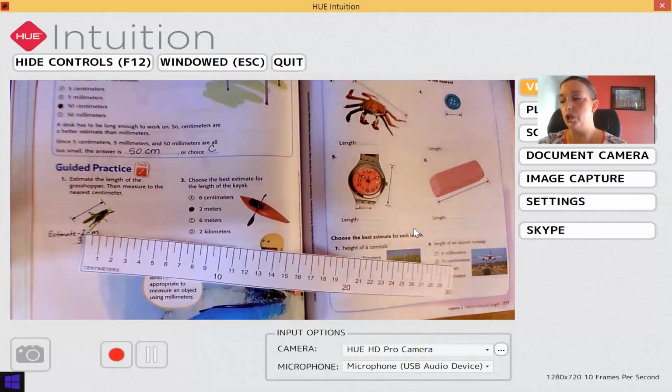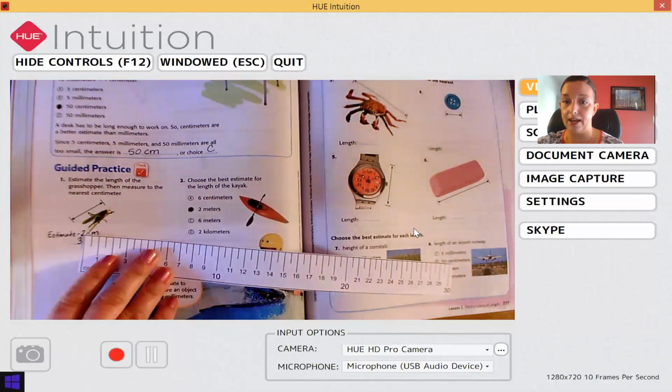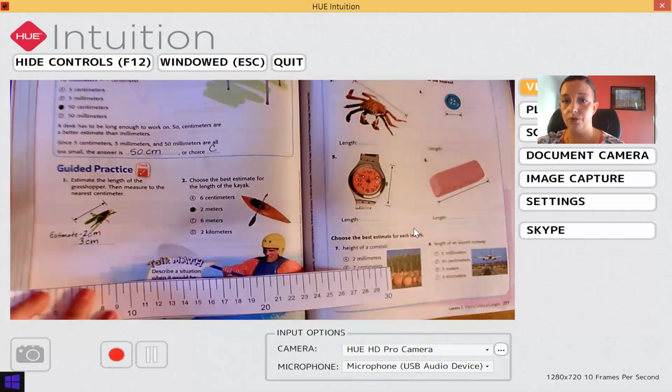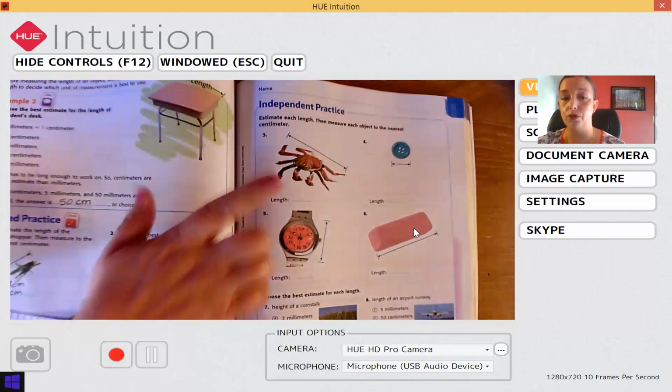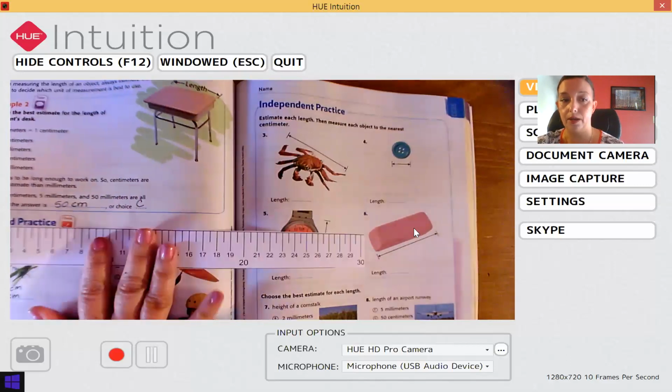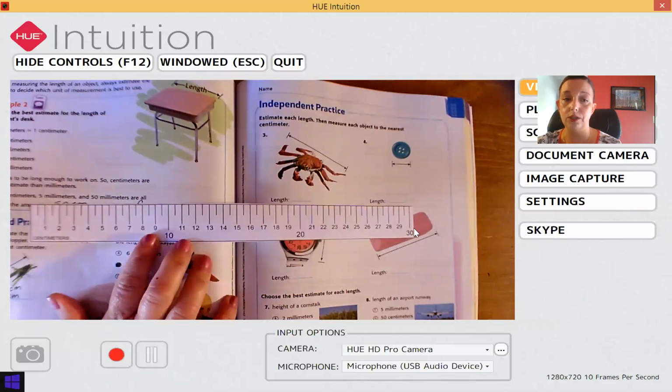okay? So what you're going to want to do on page 777 and 778 is you are going to want to first estimate and then use a ruler to measure, okay? We are going to be posting in Schoology the ruler that you're going to need. It's going to be inside the assignment that you are going to be using.